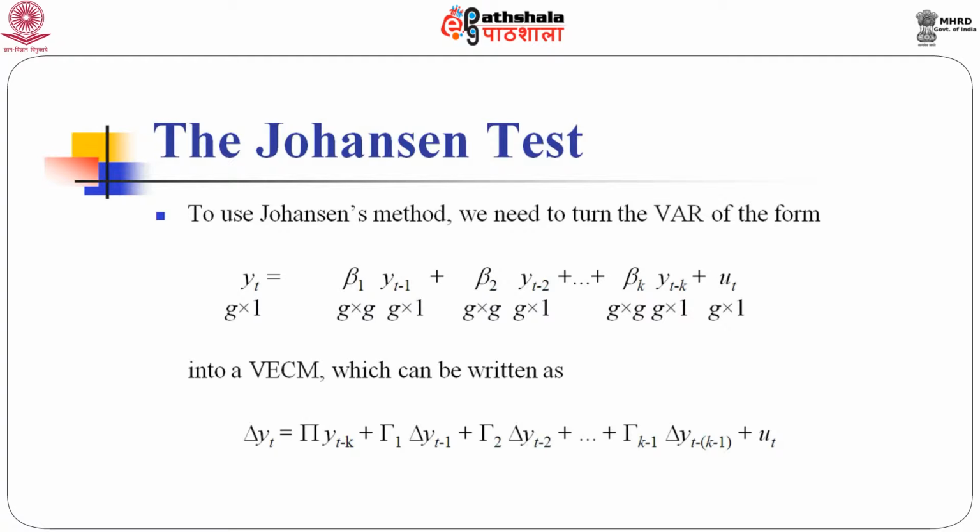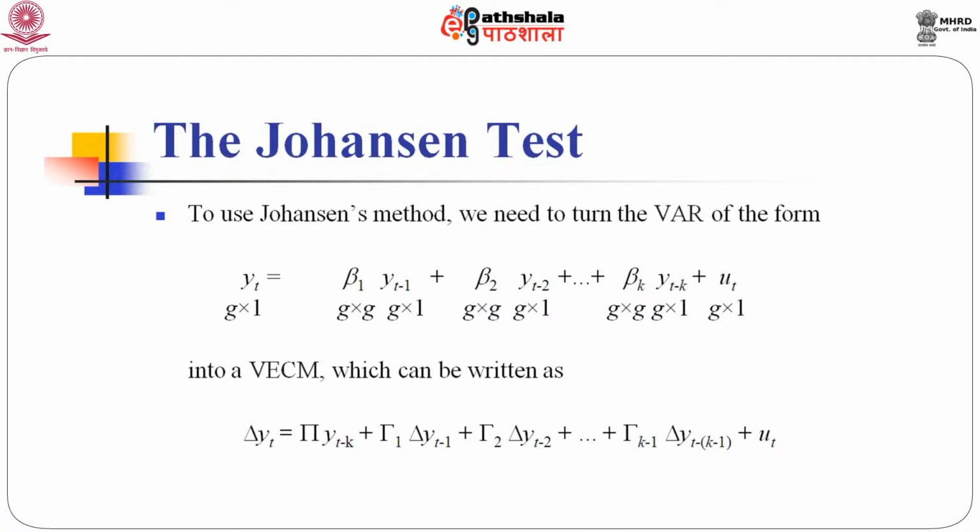In our earlier classes, we discussed how to write the VAR, that is, vector autoregressive system. Let us write the system as yt as a function of yt minus 1, yt minus 2, up to yt minus k. We have also seen that in the two-variable case we can generate an error correction mechanism from the relationship.